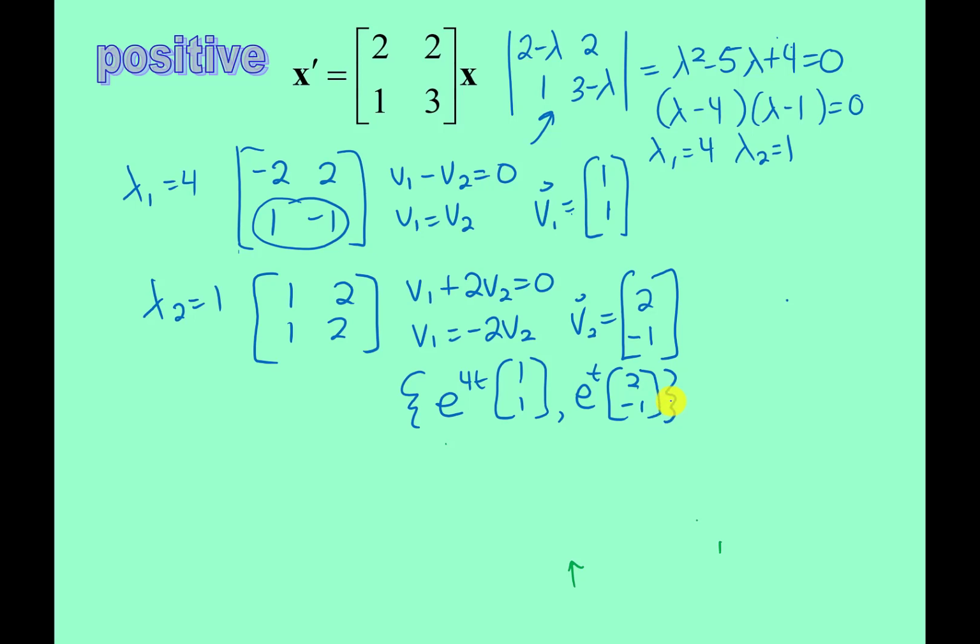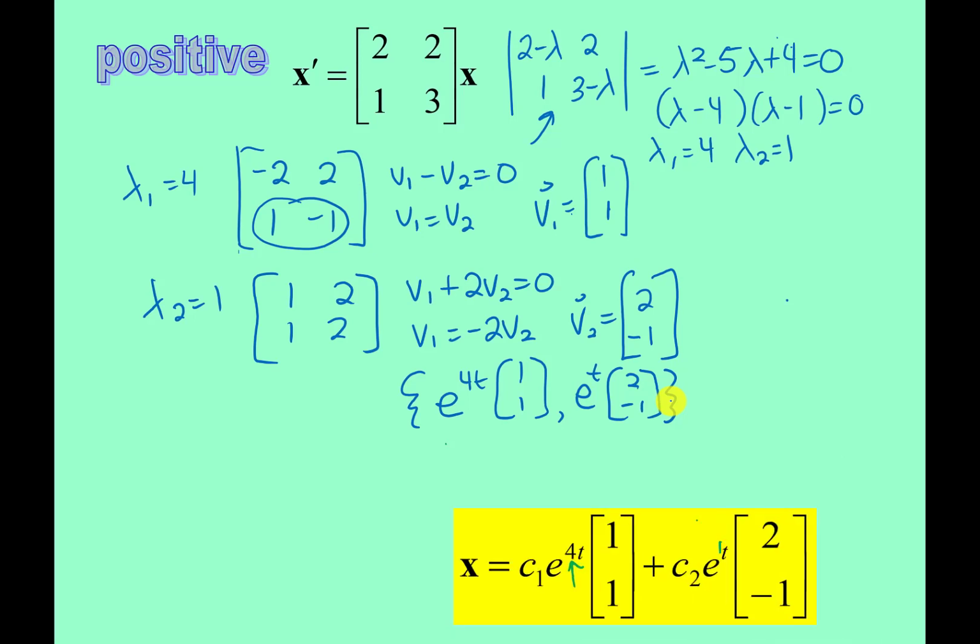So if we put those in a linear combination, then we will have our complete solution. This would be our answer. We could break it down in components. x1 would be using the upper parts of the vector, and x2 would be using the lower parts of that vector.